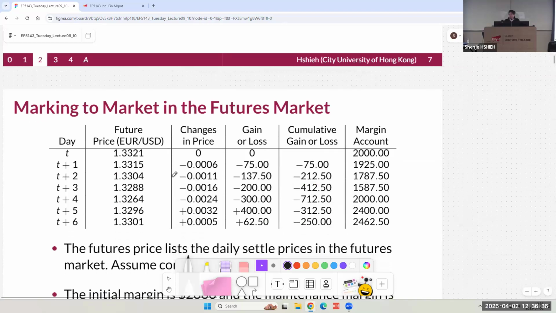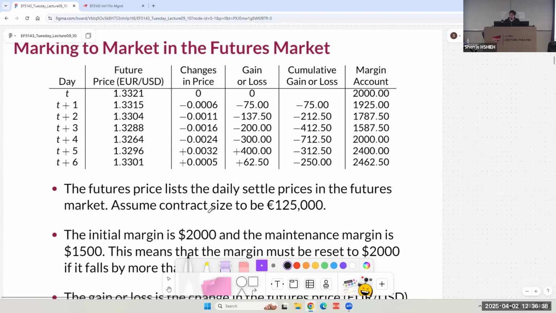So suppose we have a futures contract for euros. The contract size is 125,000 euros. And the future price is listed in the second column here as a starting point. So at time zero, we have a future price of 1.3321. This is the contract size.